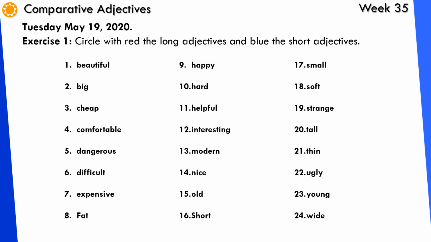Beautiful, it has 3. That means it's a long adjective. So it's red. Now number 2, big. Well, that's only 1 syllable. So that means it's going to be blue. Now you read the rest of the adjectives and circle them red or blue depending if they are long or short adjectives.